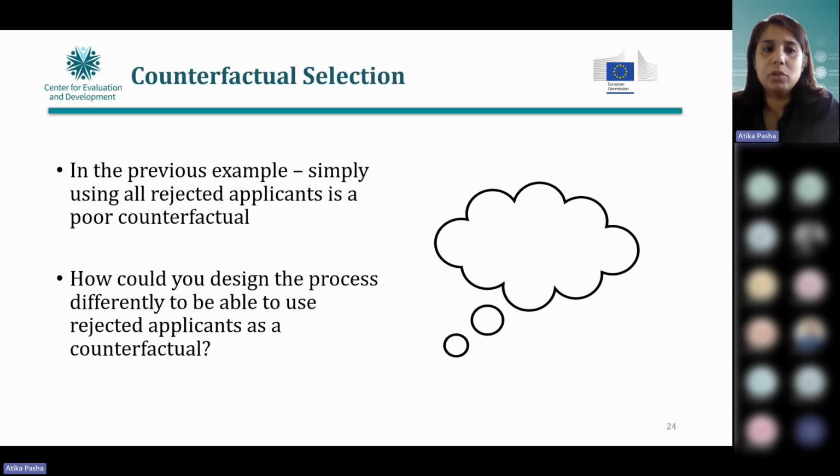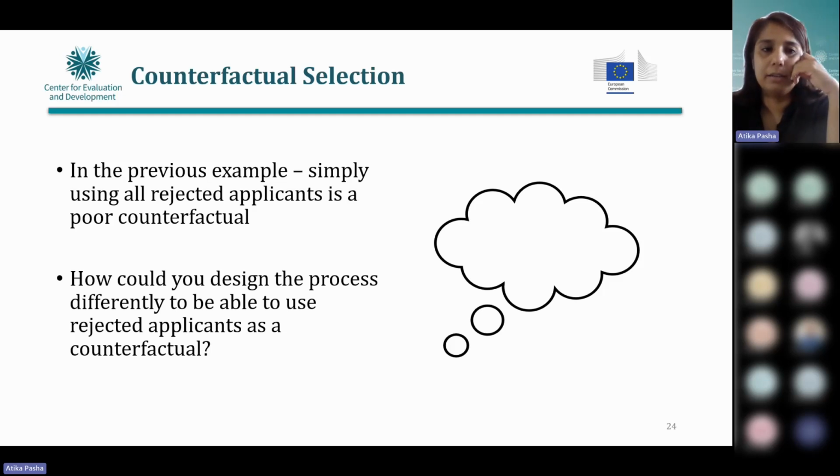Right. So, as we said in the previous example, we cannot just take the set of rejected applicants and consider that as a counterfactual. Again, the idea being that we need to have a comparison for what happened had the program not taken place. So we need a similar set of individuals to be considered as a counterfactual group.